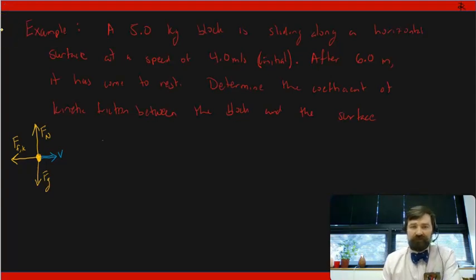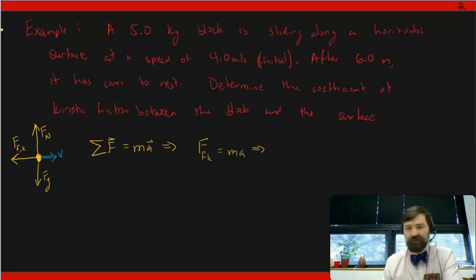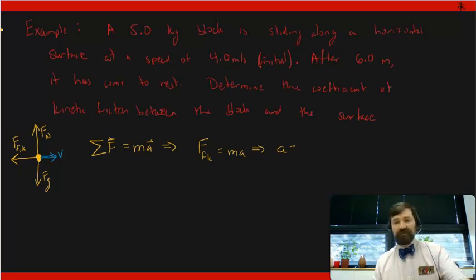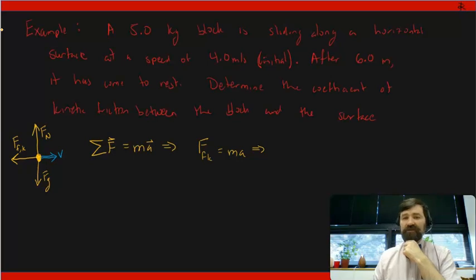So again, we can say that the sum of forces is the mass times the acceleration, and so that means that the kinetic friction is equal to the mass times the acceleration. Therefore, we need the acceleration.